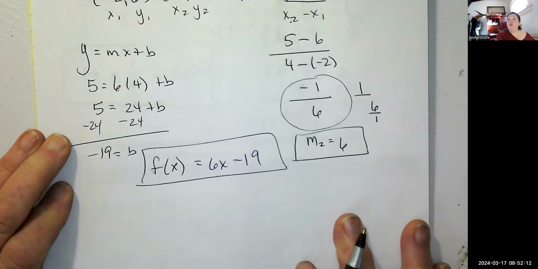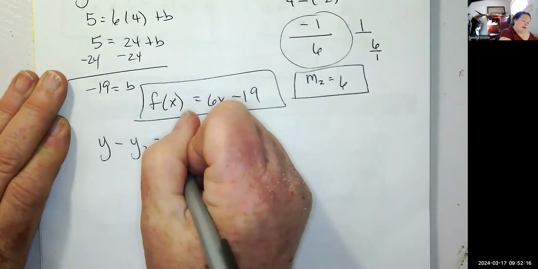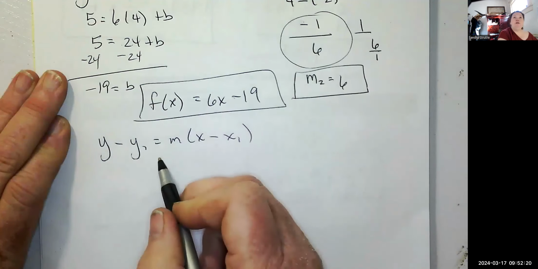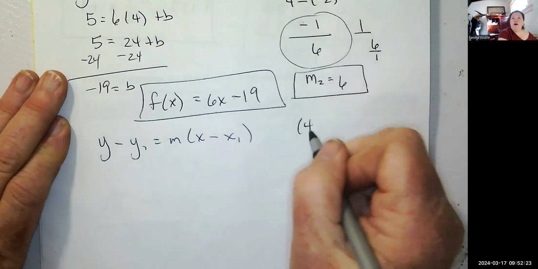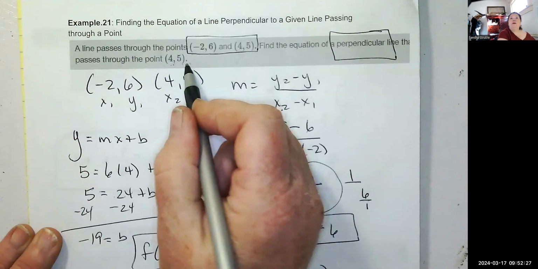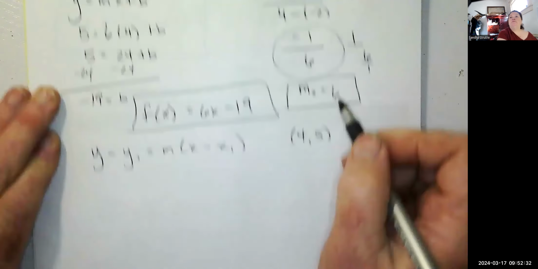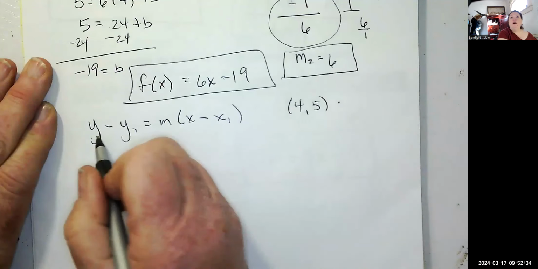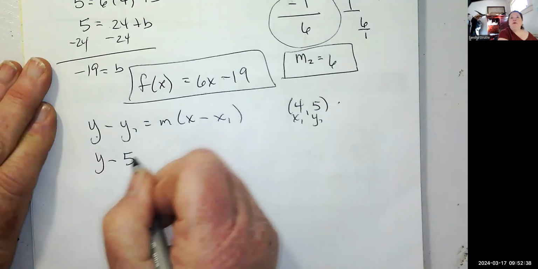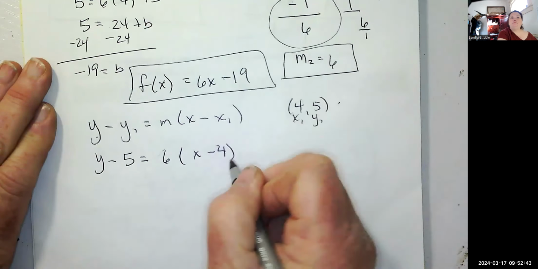For those of you who prefer the point slope formula, I'm going to do this real quick for you. y minus y1 is equal to m times x minus x1. We just use the new point, 4, 5, that they're giving us, and the new slope, 6. This is x1 and y1. y minus 5 is equal to 6 times x minus 4.